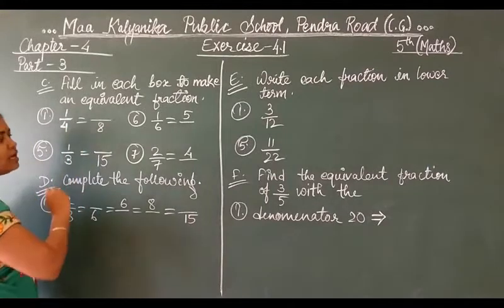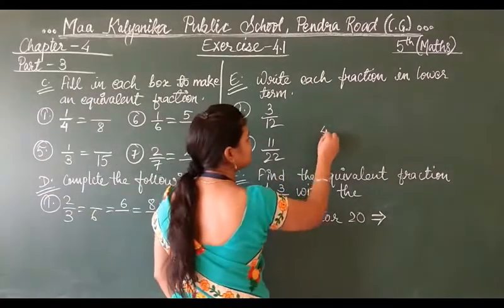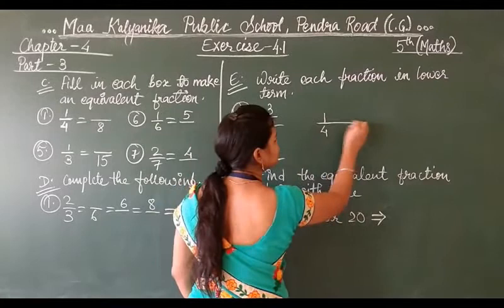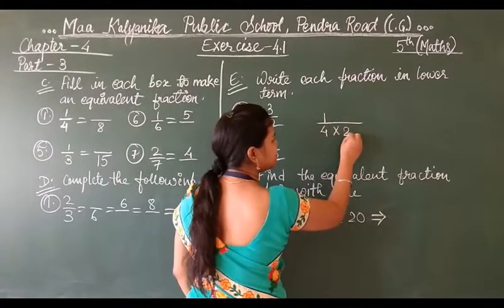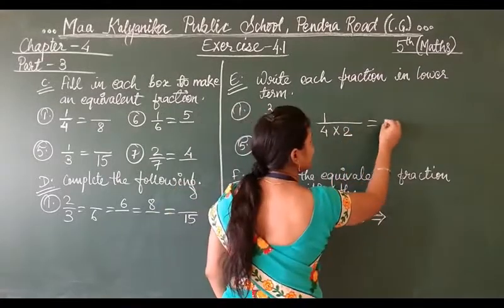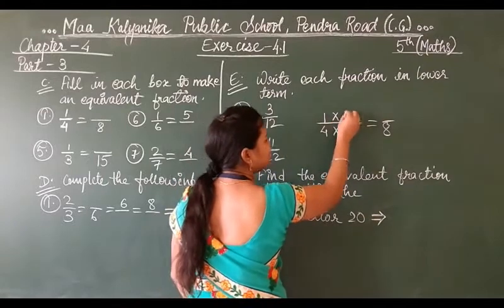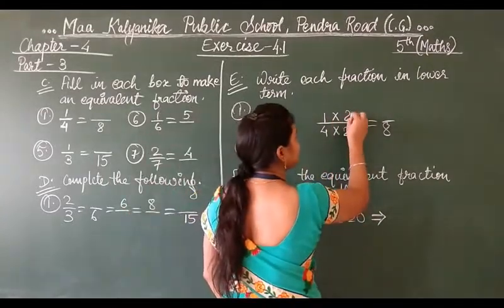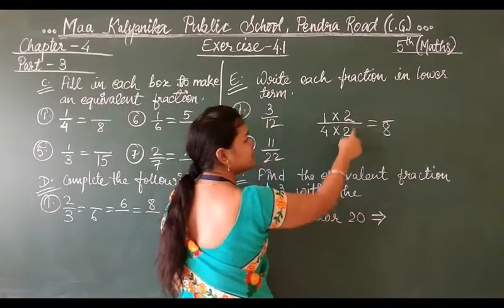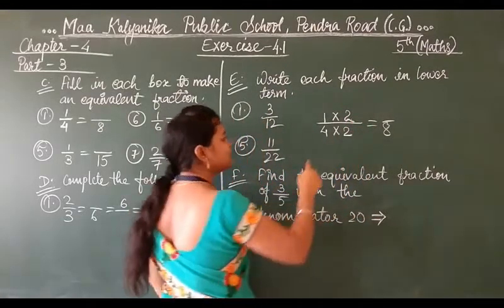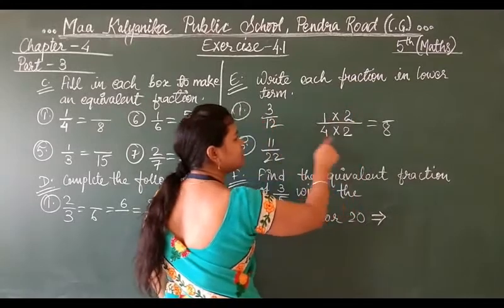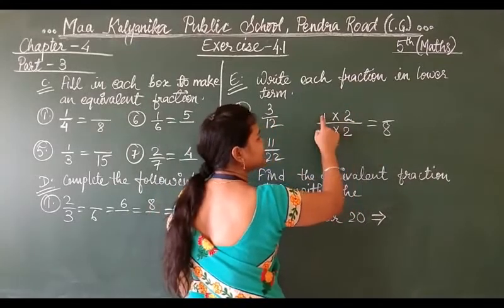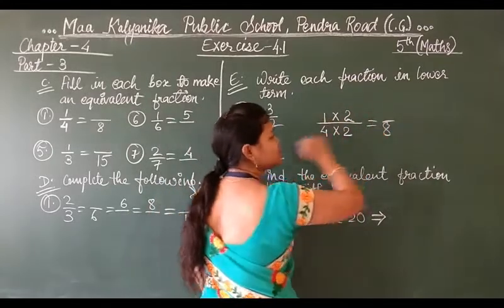I am showing you here. So for example, 1 by 4 is there. If we are multiplying by 2 and you are getting 8 here, then at the same time the numerator also must be multiplied by the same number. This number should be the same. Okay, so 4 twos are 8 already given. 2 is not given, this 8 is given, but now we have to find out the numerator.